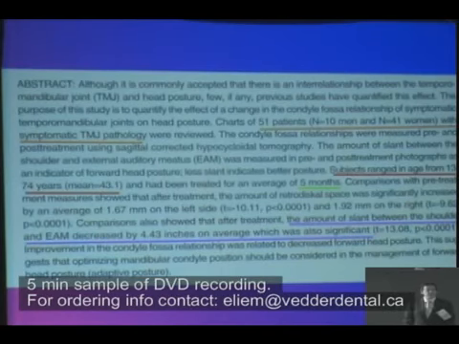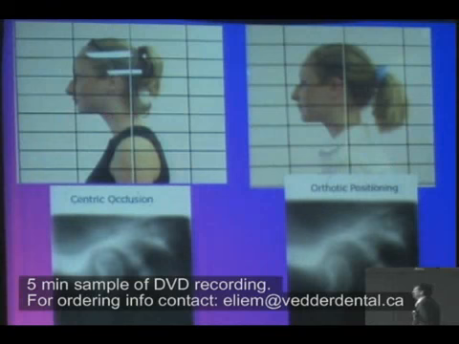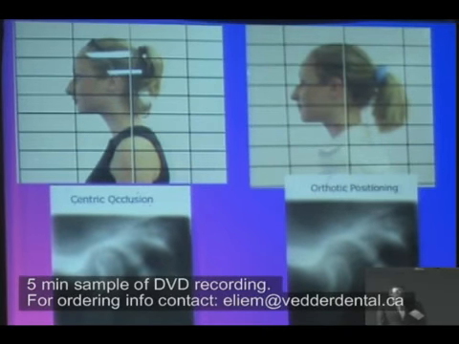And we found that there was a 4.43-inch return of head posture on average with these people when you got rid of the inflammation. Didn't matter how young or how old. Didn't matter what the pathology was. You know the common denominator? Inflammation.